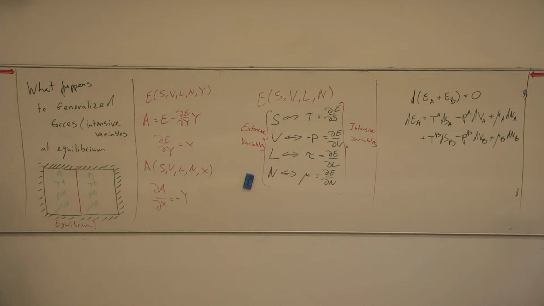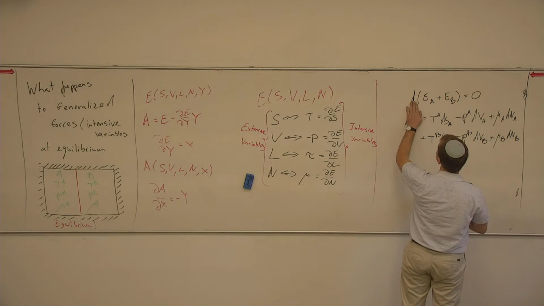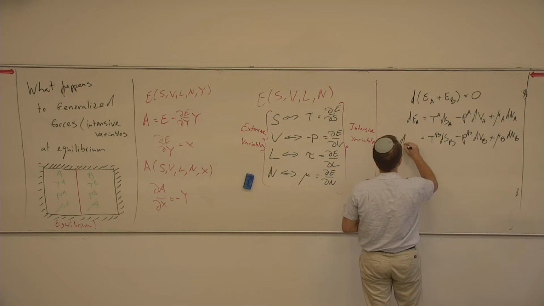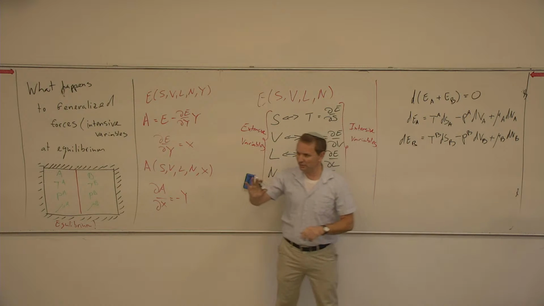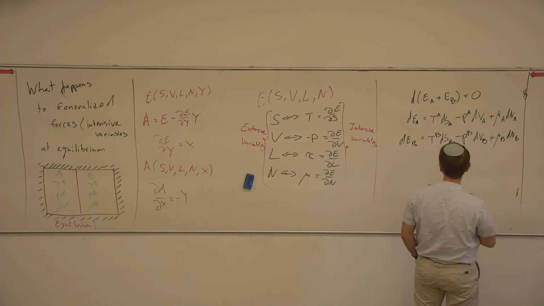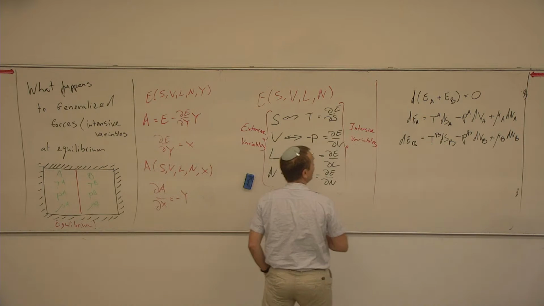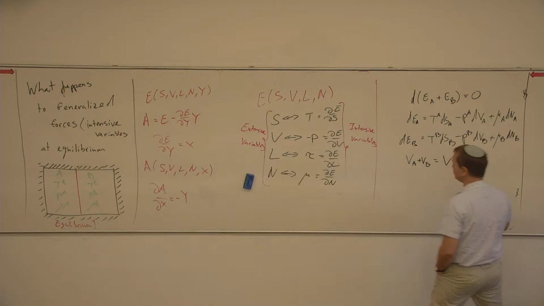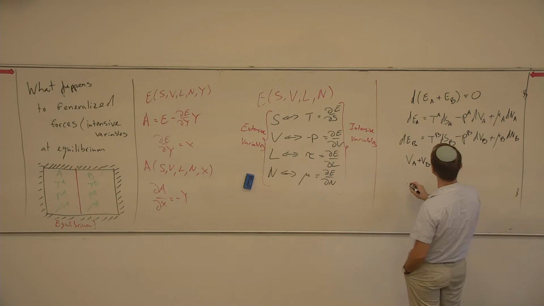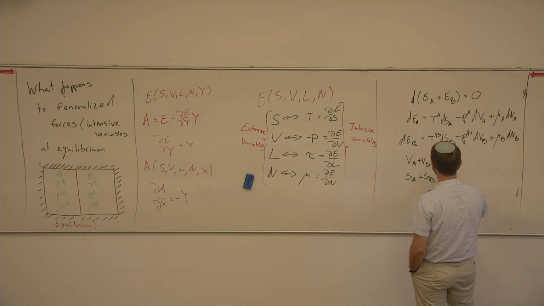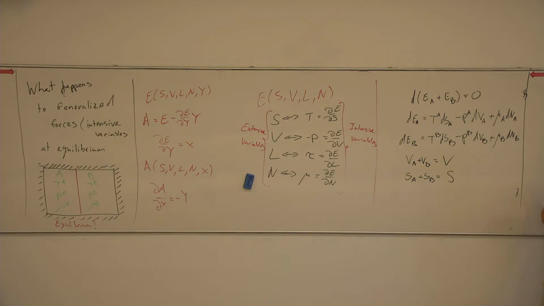Okay, at minimum. This is dE_A and this is dE_B. Now we also know the following: V_A plus V_B equals the total volume of the system. S_A plus S_B equals the total entropy of the system.